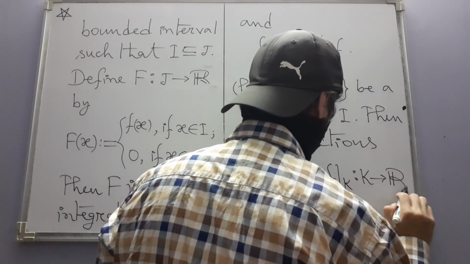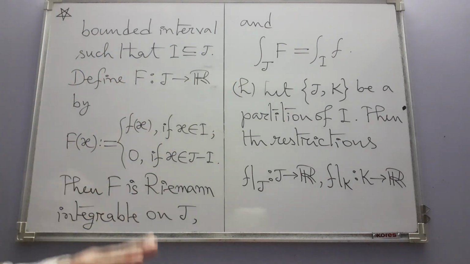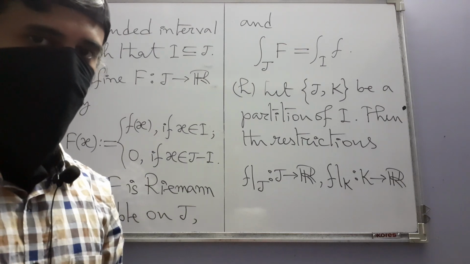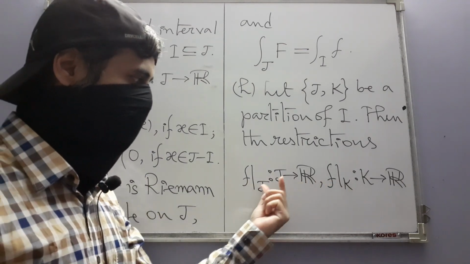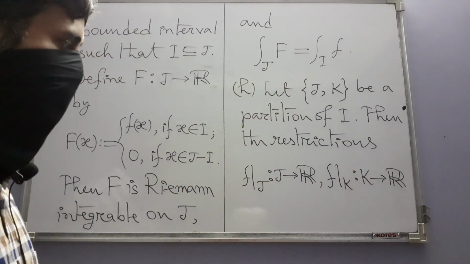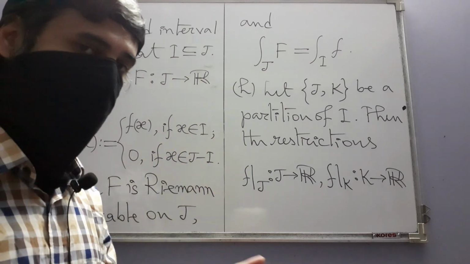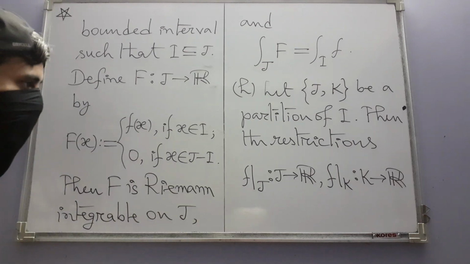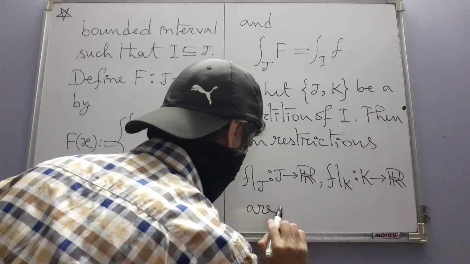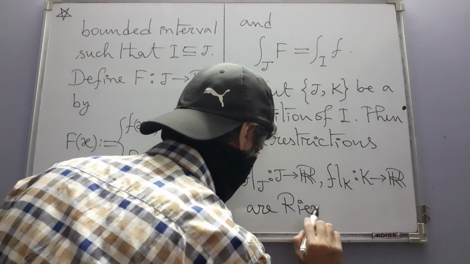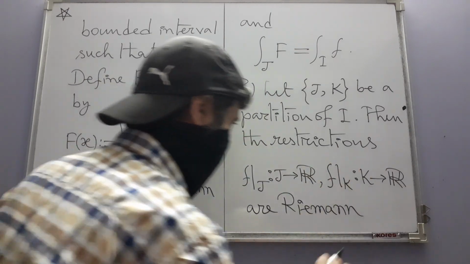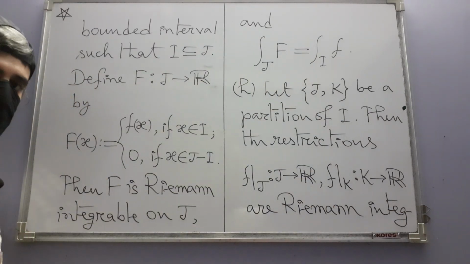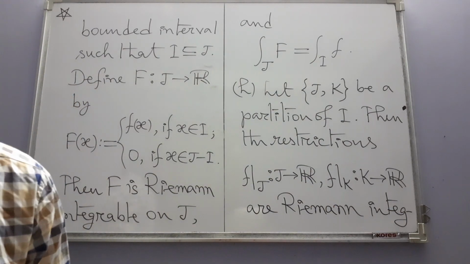This is a function from k to R. These two restrictions, as if we have broken up the function f itself into two parts, depending on these two parts of the original domain I. These restrictions are also Riemann integrable, just like the original function f, on their respective domains, that is j and k.